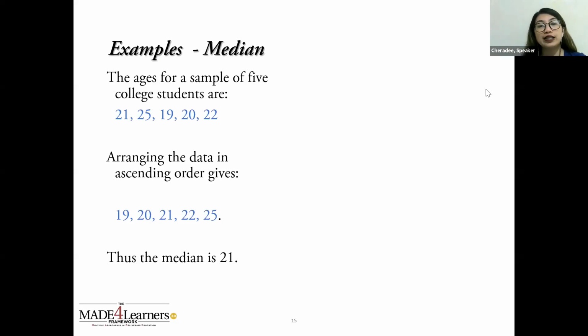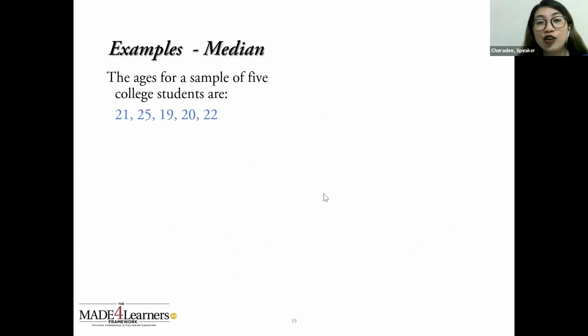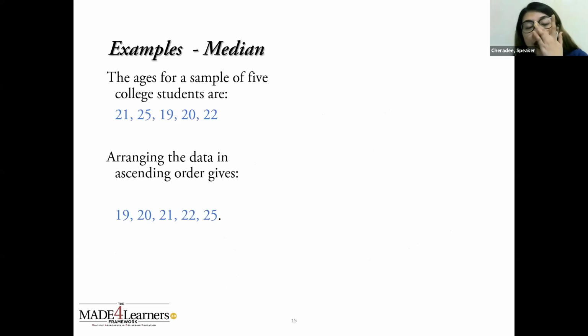What you're going to do is n plus 1 divided by 2. That's the formula. So 5 plus 1 is 6, divided by 2 is 3. Meaning you will get the third number, which is 21. That's why the median is 21. The easiest method is to determine first if it's odd or even.